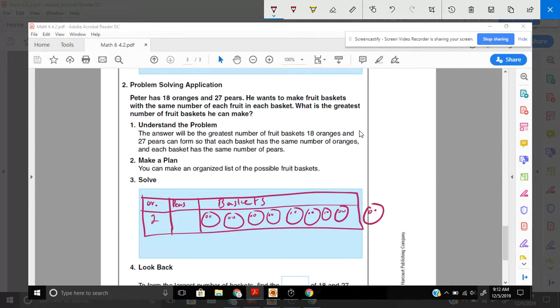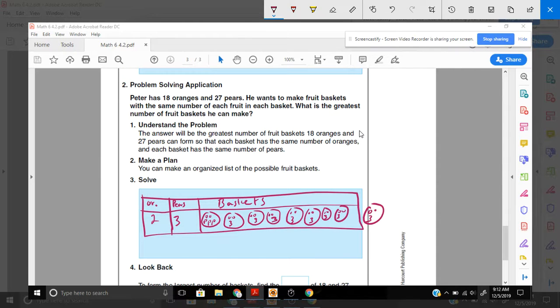If I wanted to divide up my pears now and put the same number of pears in each one, how could I go about doing that? Well, I have more pears, so I'm going to maybe put one more in each one to see. Let's try 3 pears in each basket. So 3, 6, 9, 12, 15, 18, 21, 24, perfect, 27.